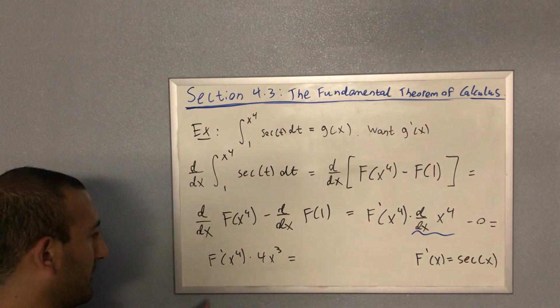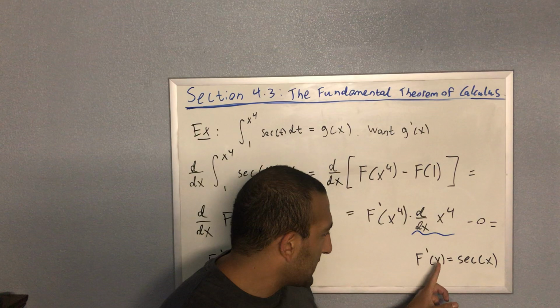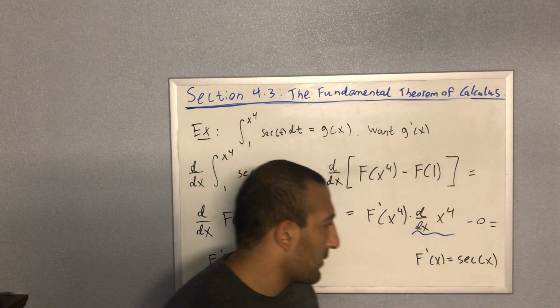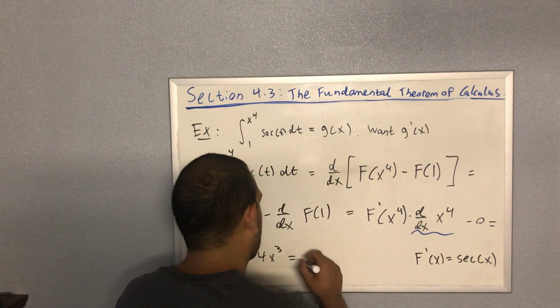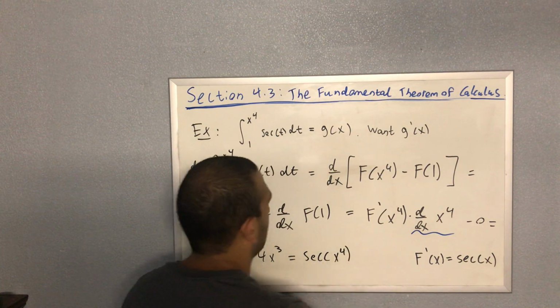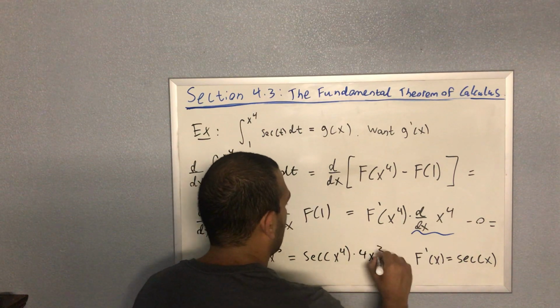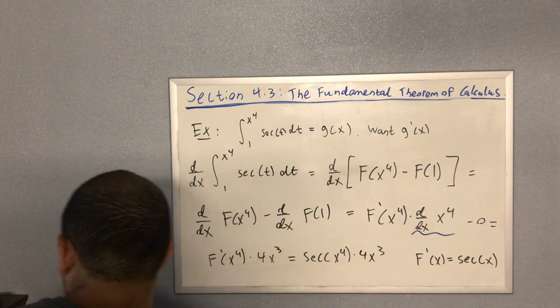And then, what is f prime of x to the fourth? Well, you replace the x with the x to the fourth. So this is secant of x to the fourth times 4x cubed. So this is the final answer.